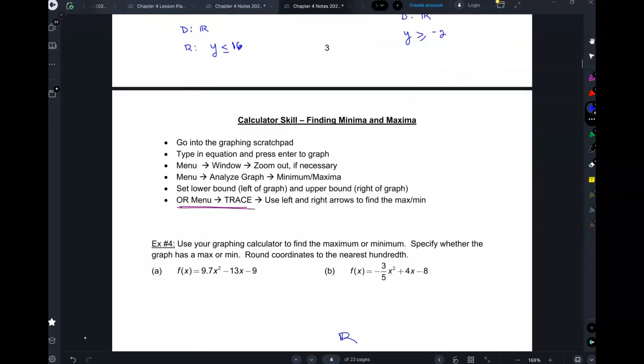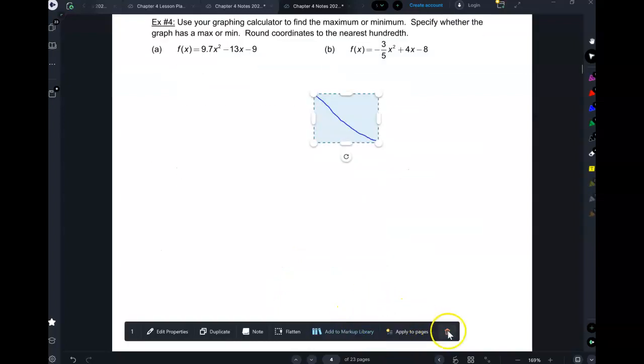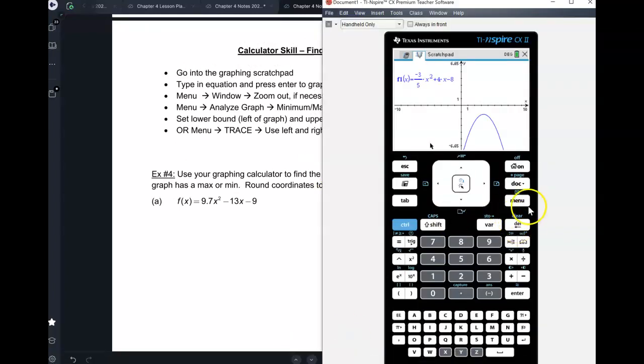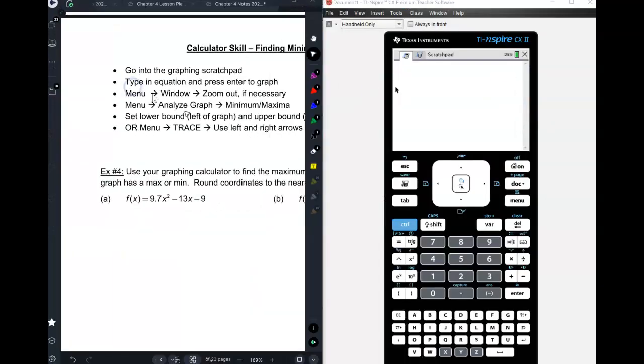All right, go ahead and take out your calculators, please. Let's see if we can find all of this with a calculator. So we're going to do, let's do doc B. Let's clear the calculator and go to the scratch pad.